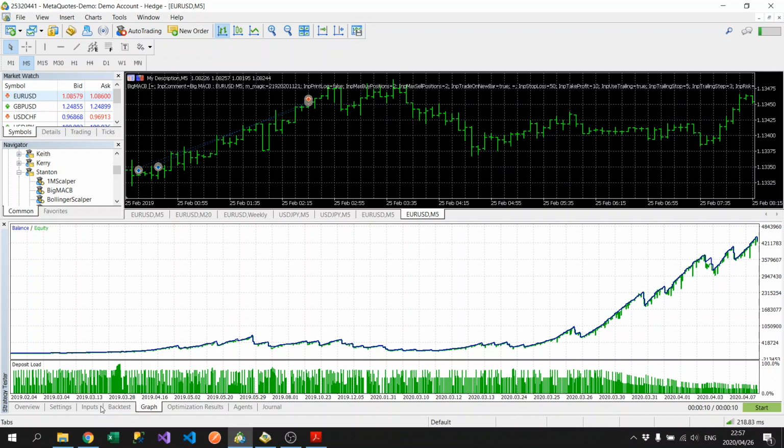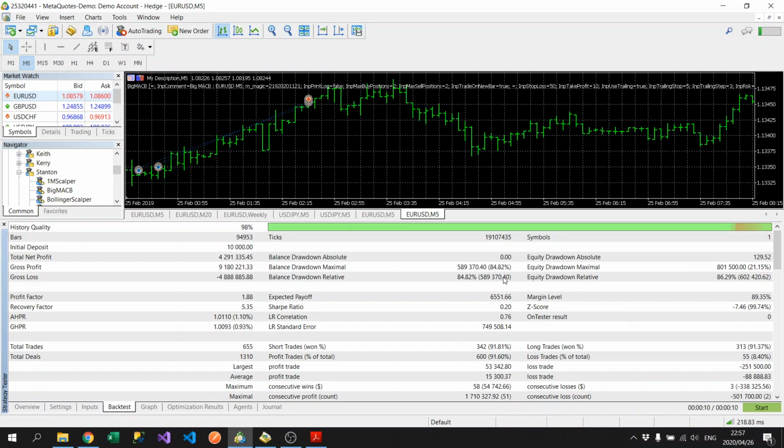But again, that is very high risk and not recommended. But if you want to take a punt, you can make quite a bit of money with this algo. Let's look at the back test. You can see it's 84% drawdown, which is very high. And the equity drawdown is not that high, 21%, but still it's quite risky.